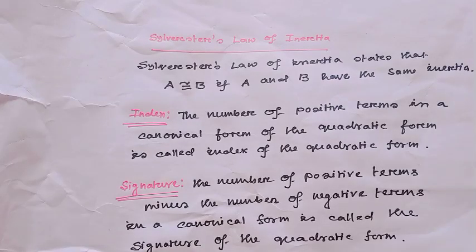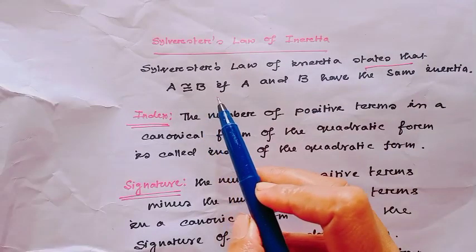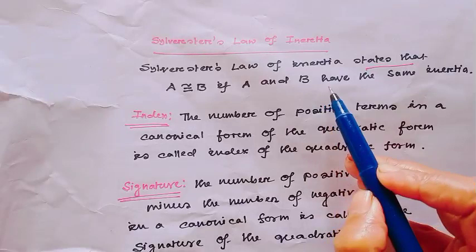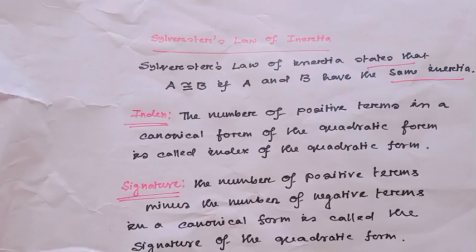Sylvester's law of inertia states that A is congruent to B if A and B have the same inertia. This is Sylvester's law of inertia. Same inertia means the numbers of positive, negative and zero eigenvalues are the same.